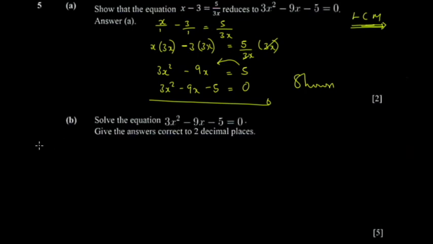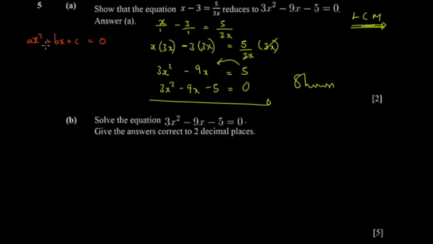In case you don't know the quadratic formula, I'll give you an overview. Whenever you have ax squared plus bx plus c equal to 0, this is called a quadratic equation. It's quadratic in the sense that the variable, in this case x, has highest power 2, so it's x squared.